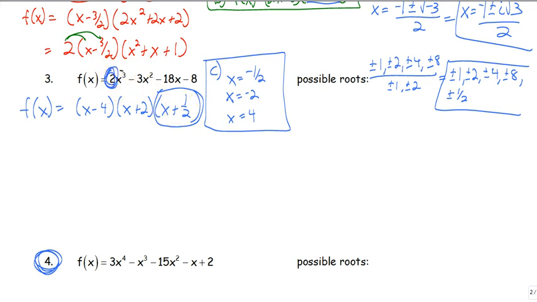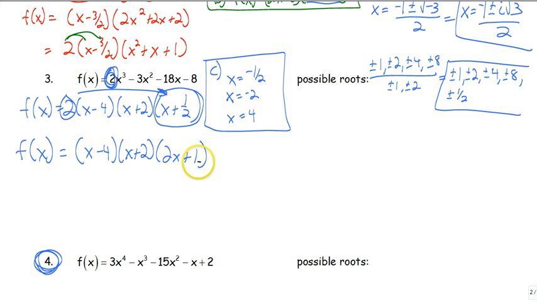Otherwise it's not actually factored the right way. There should be a 2 out in front. So I'm going to multiply the 2 into this one because that's the one with the fraction. So my actual factored form for this polynomial is x minus 4, x plus 2, and 2x plus 1.